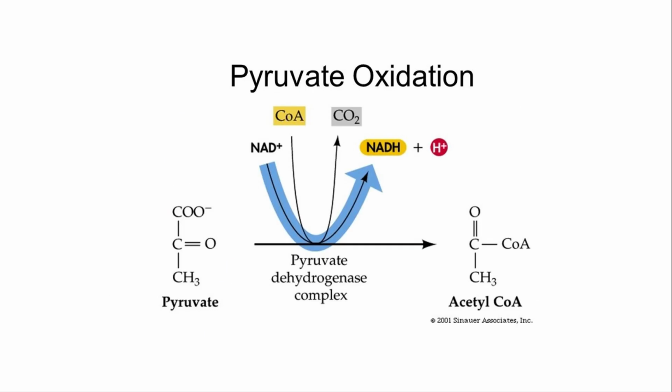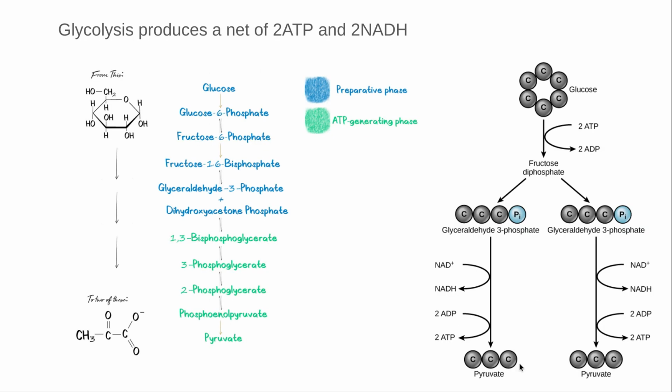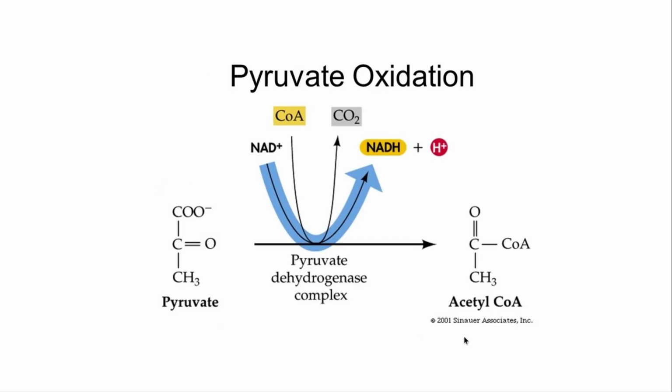Now, the pyruvate, the molecule that is formed here, enters into the mitochondria. There, the pyruvate, remember the COO that we were looking at earlier, escapes as carbon dioxide. The remaining molecule attaches to another molecule called coenzyme A and becomes acetyl-CoA.